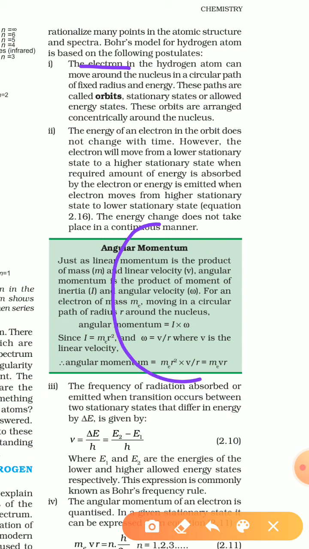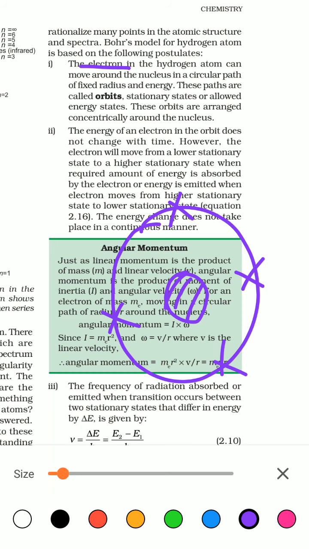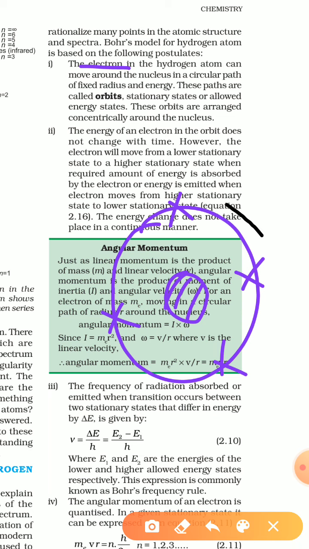This is the nucleus, and this is the electron moving around the nucleus in a fixed path. This fixed path is known as an orbit, or stationary state, or allowed energy state. There were different names defined for it, but we will name it an orbit.